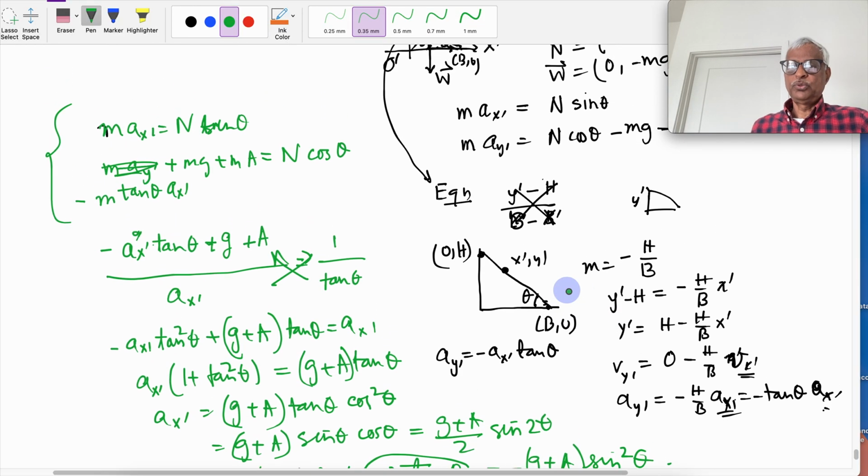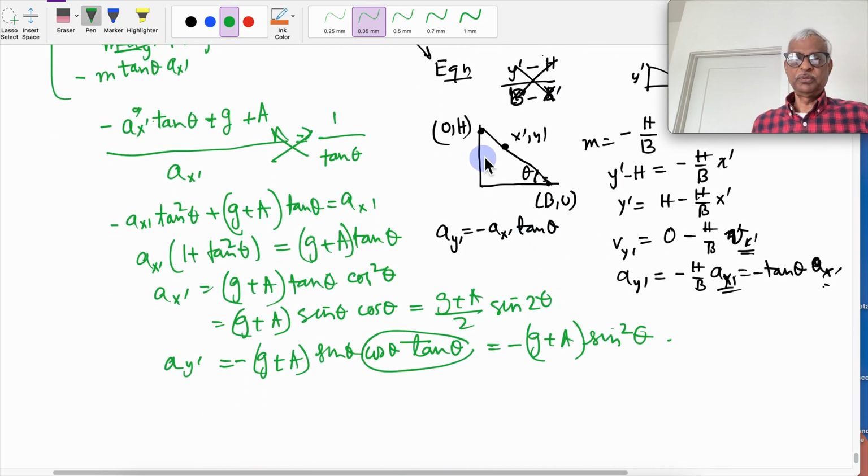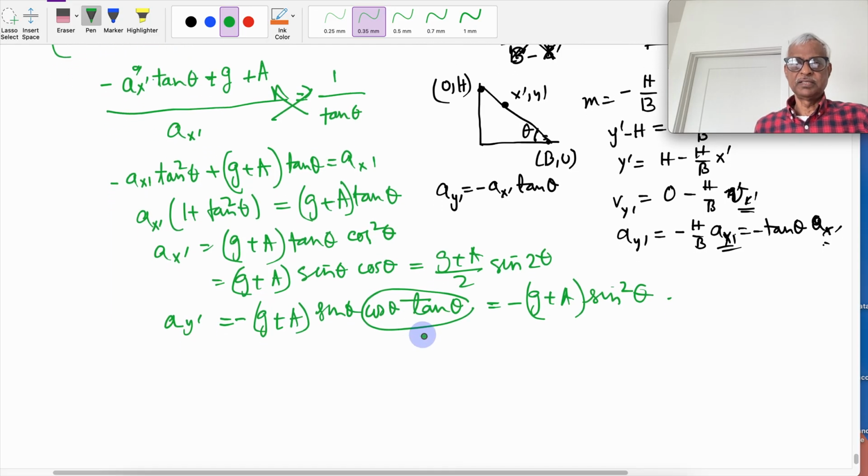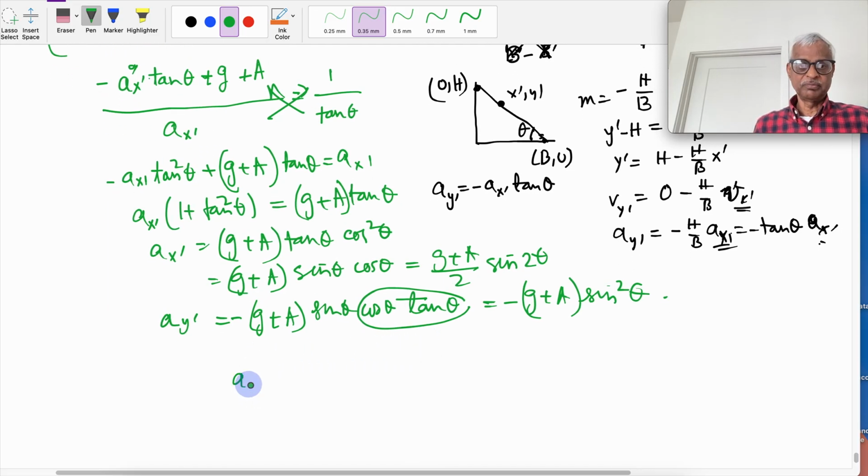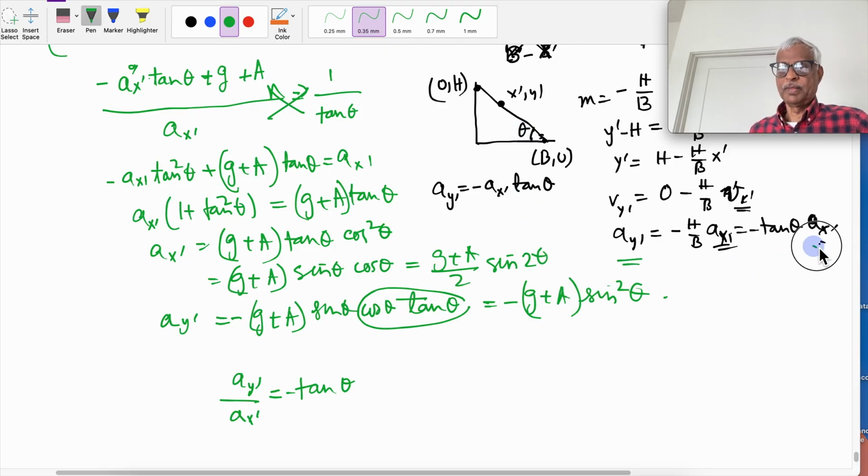So this is how you can do it, and if you look at which direction it will be, of course a y prime over a x prime is going to be minus tangent theta. So it's going to be right here. It's built into that, going down that direction or up that direction. If you're just letting go, the way we let it go, acceleration will be pointed down like that.